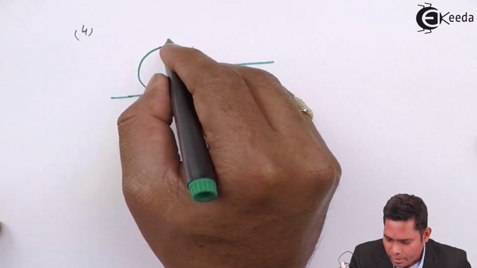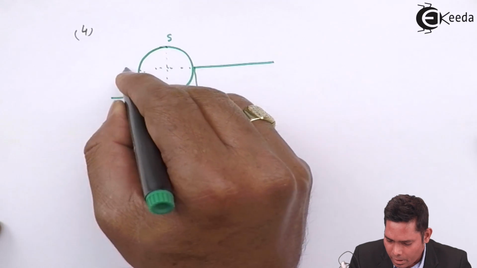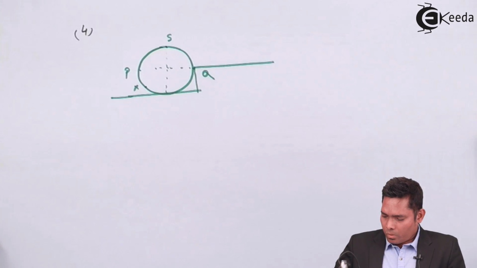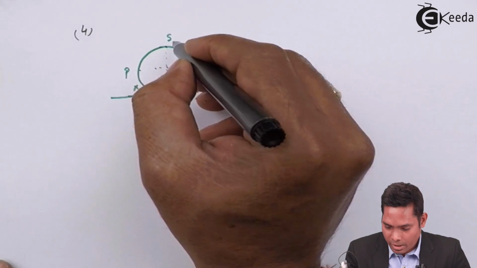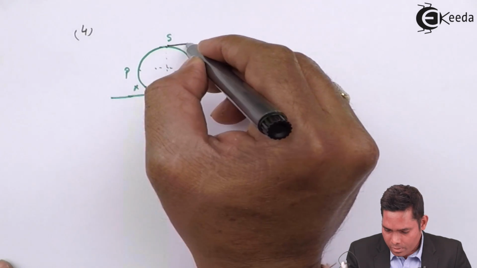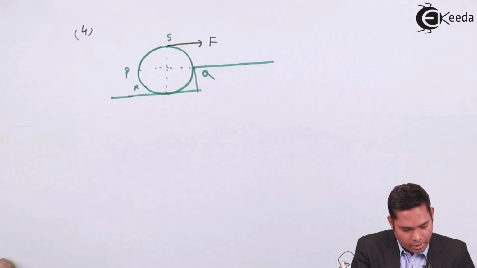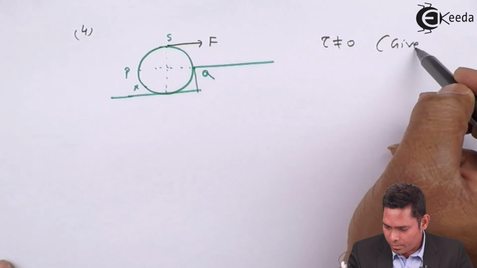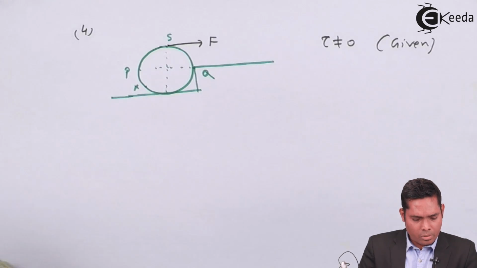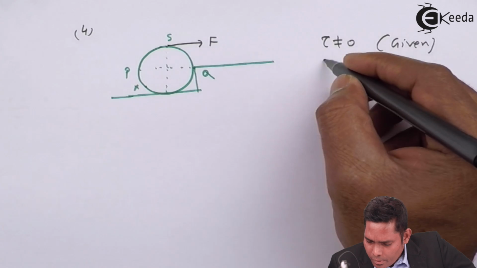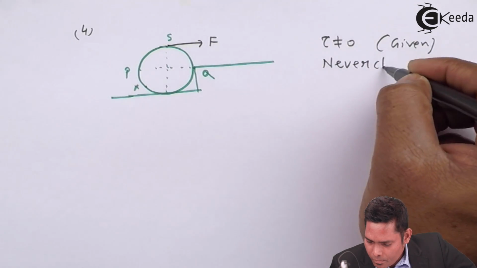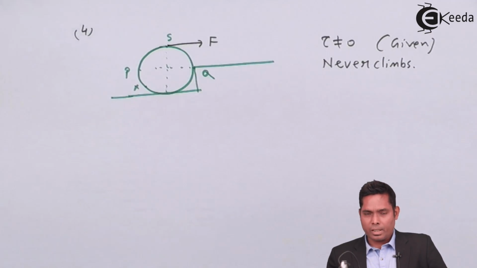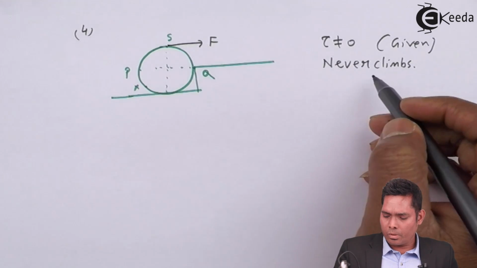This is the point S, this is the point P, this is the point Q, this is any point X. Now at S the force is tangential, then torque is not 0, this is given, but the wheel never climbs the step. Torque is not 0, that means there exists a torque, but then it will never climb.